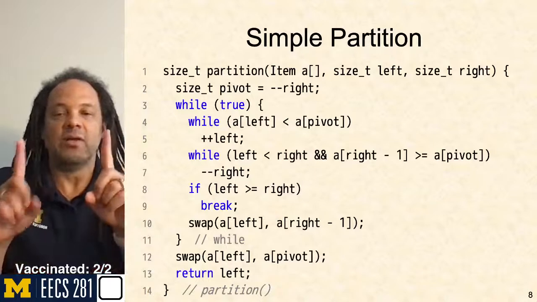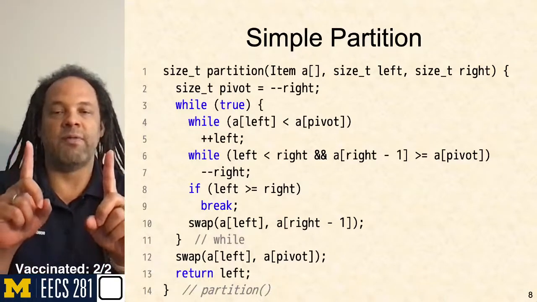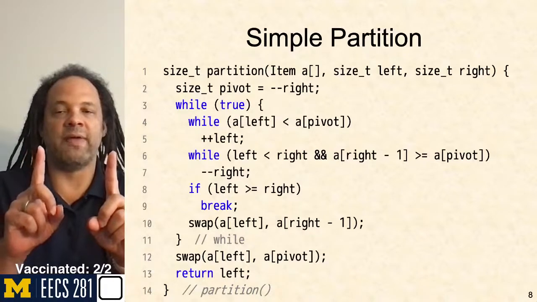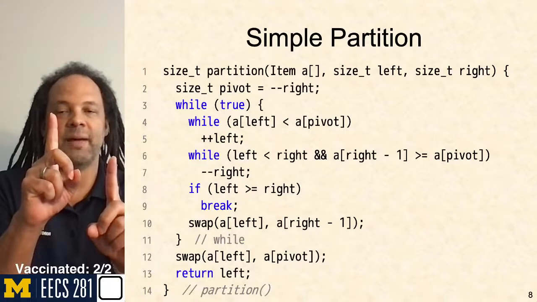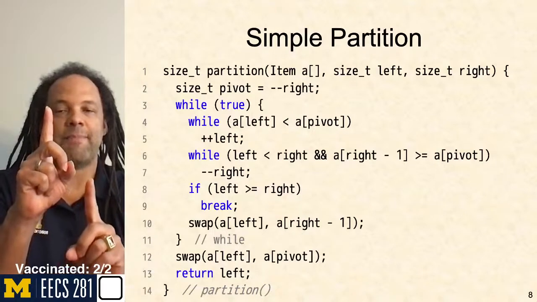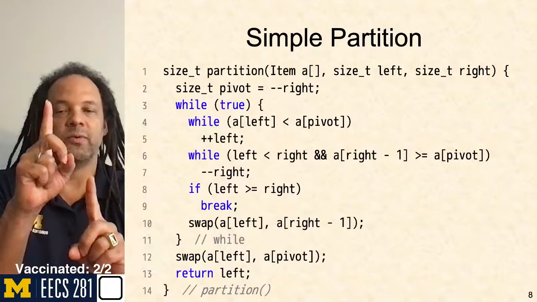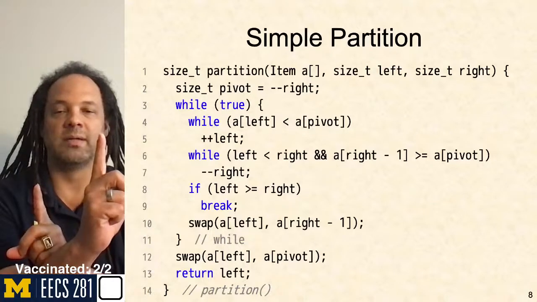So I've got these two indices that I start with, my left and my right. I'm looking for small things, and as soon as I see a small thing, I keep moving. When I see a big thing, I say, okay, I'm going to swap this big thing. And then I come from the right and say, let's find big things, big things. Oh, there's a small thing. Let's swap those two. And I end up with something big over here and something small over there, and that's exactly how I want it.